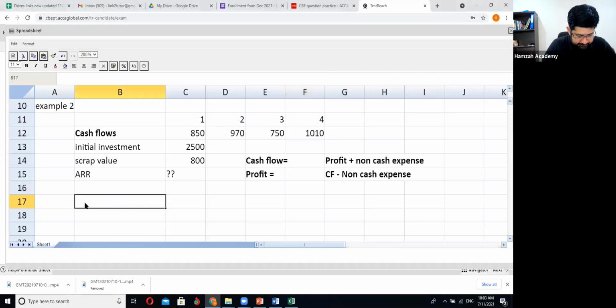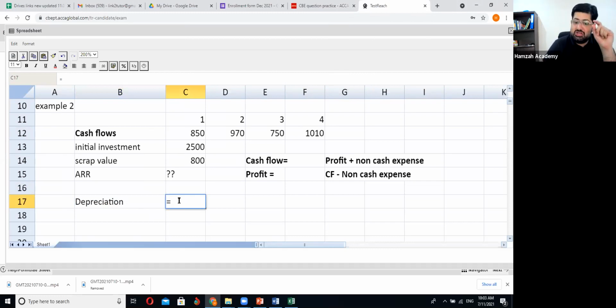All right, now, next. So students, we need to calculate profit. So what is the non-cash expense here? Depreciation. And you will be thinking that depreciation information is not given here. It is given. How? They say initial investment in the project is 2,500, and then at the end, scrap value is this. It means initially you purchase the asset at this, and at the end the value is this. The difference is depreciation.